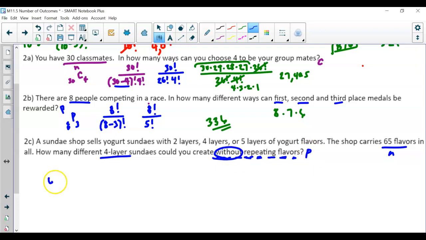So again, this is 65 and then permutations of 4 here, right? So 4 layers. Or again, this is 65 factorial over 65 minus 4 factorial or 61 factorial, which is 65 times 64 times 63 times 62, right? Because this is without repeating.